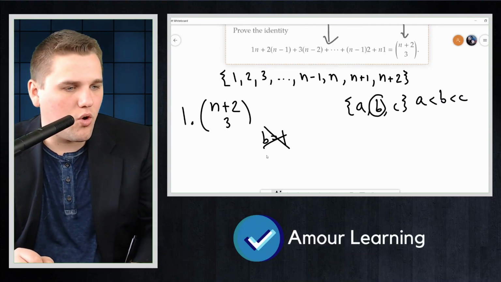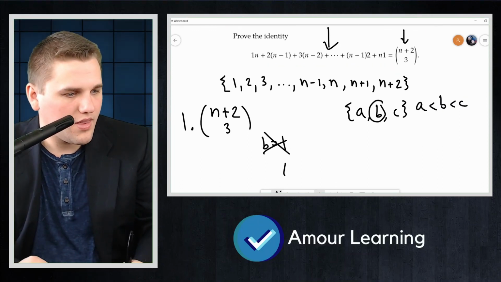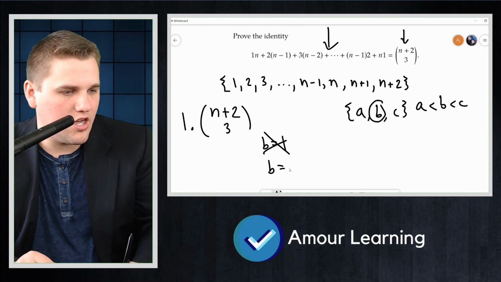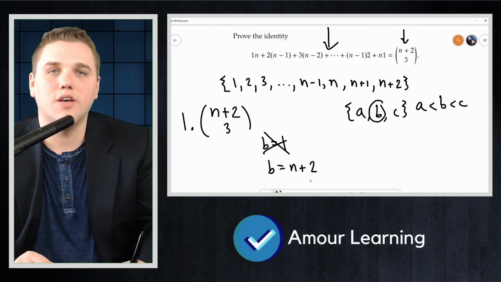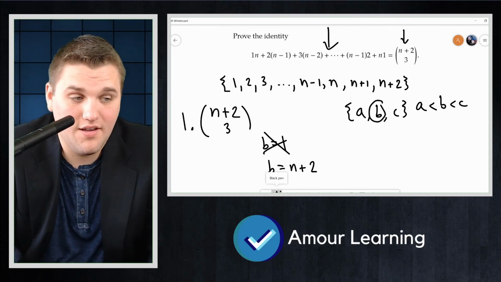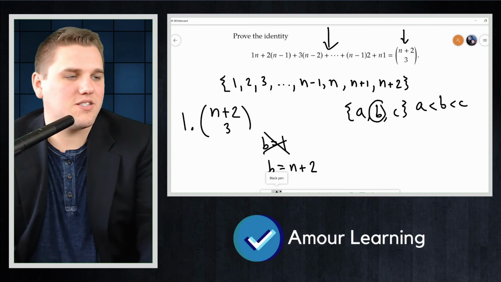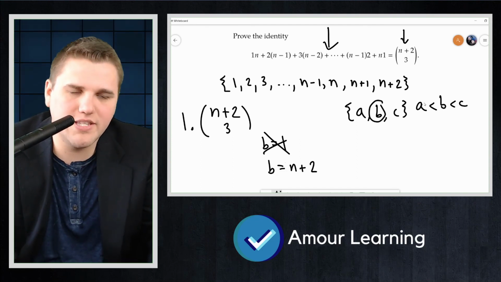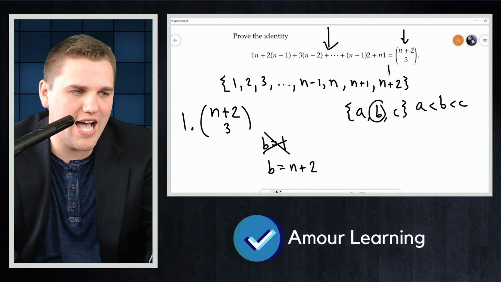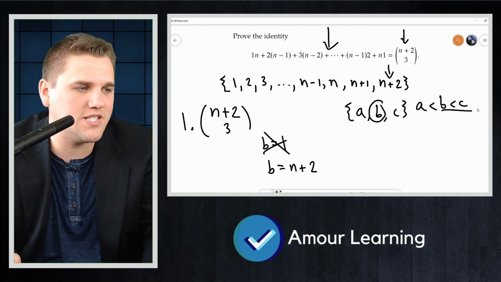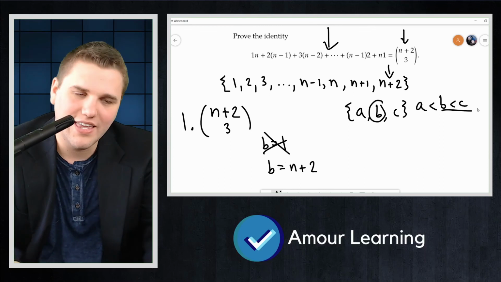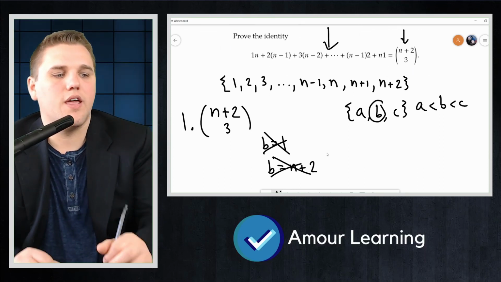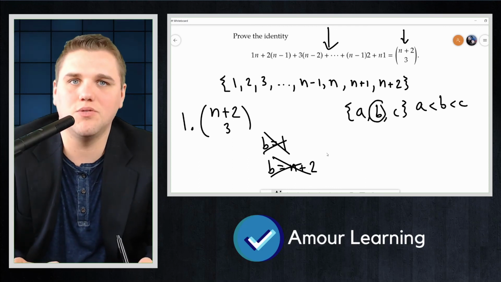What about B equals, and I know this might seem oddly specific, n plus 2? Can that happen? No, because then what are you going to pick for C? It's got to be a 3-element subset, n plus 2 is the last number in the set, and C has to be greater than B. Can't do that. So B cannot be 1, and it cannot be n plus 2.